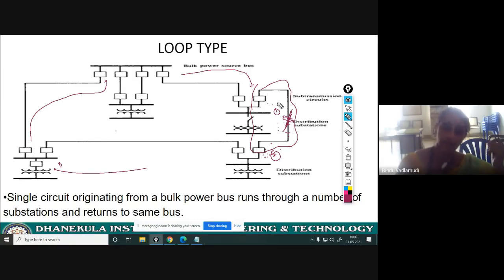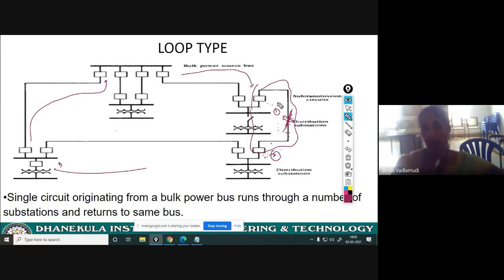So what are the advantages and what are the disadvantages of the loop type of arrangement? The advantage is that the number of connections is reduced in a loop type of arrangement.